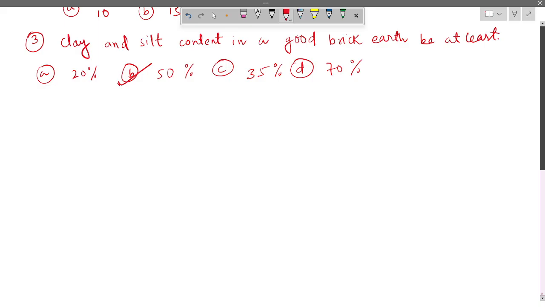Because clay and silt contain silica, and we are asking the silica percentage in a brick. It will be 50 to 60%. So the answer in the options is B, 50%. So it is correct.